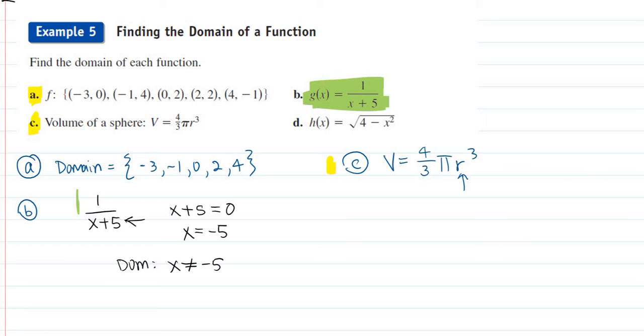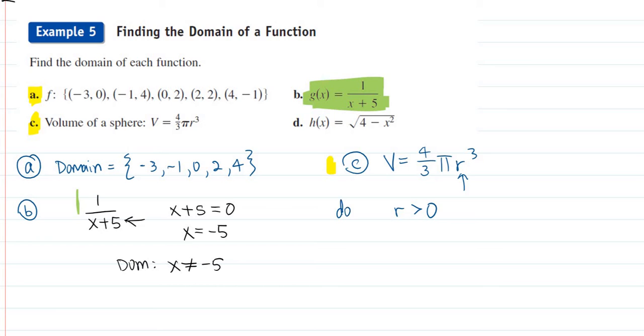What measurements make sense if you're talking about an actual sphere? Can you have a sphere with a radius of 0? No, because your sphere wouldn't exist if the radius was 0. Can you have a sphere with a negative radius? No, because who knows what that is? Some sort of wormhole, black hole dimension. Who knows? So we need all of our r values to be greater than 0.